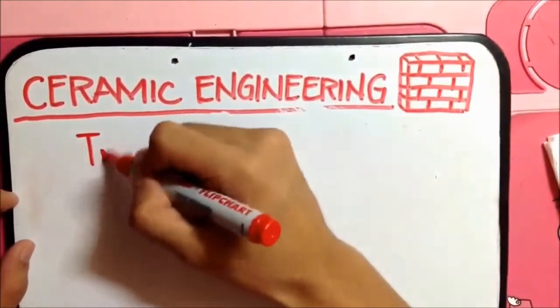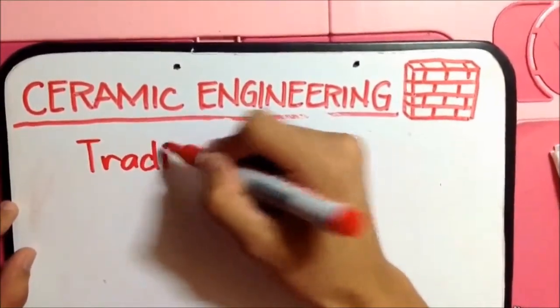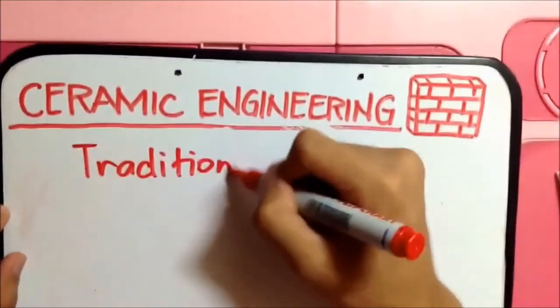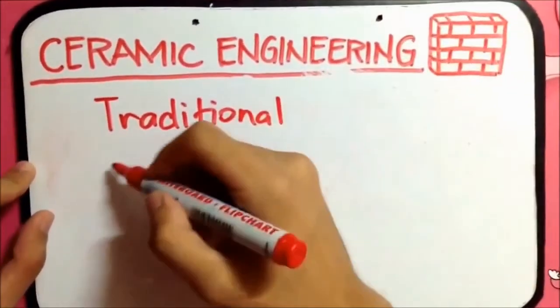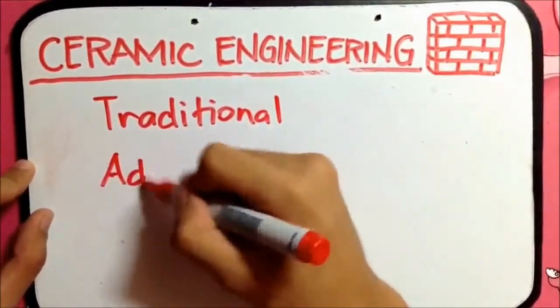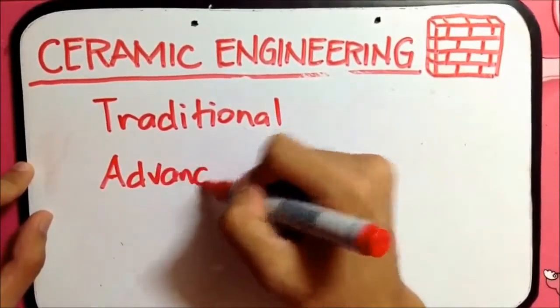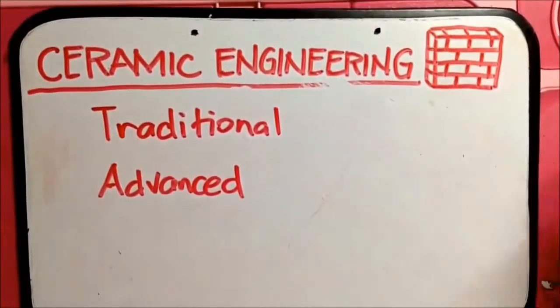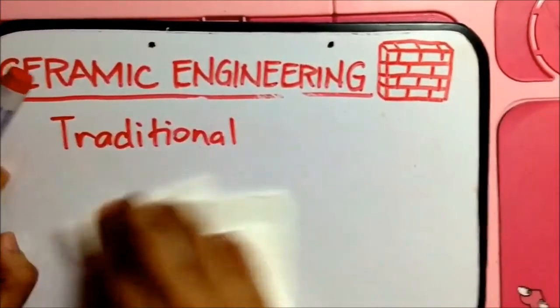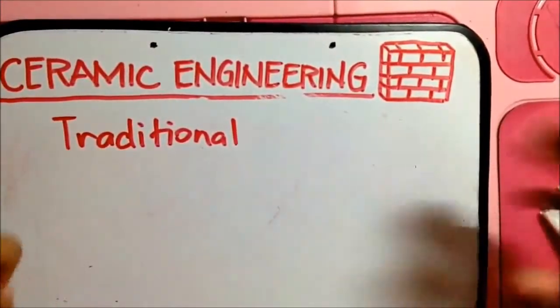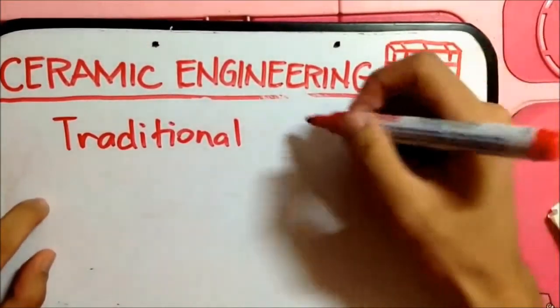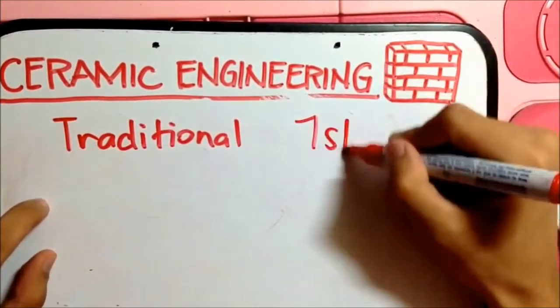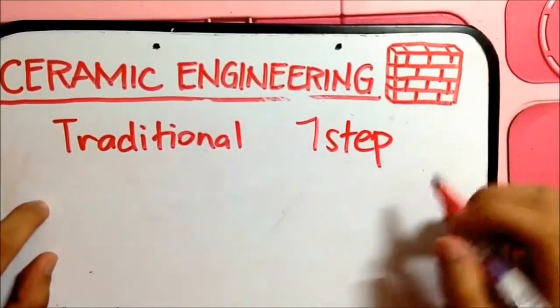First is traditional. Second is advanced. But let's talk about traditional first. In traditional, there are 7 steps in making ceramics.